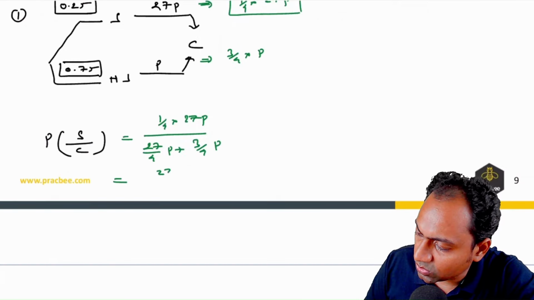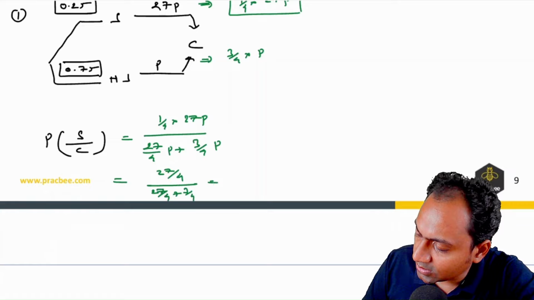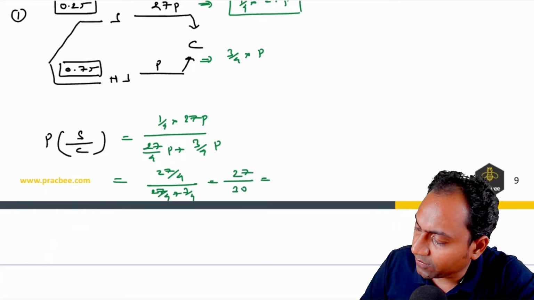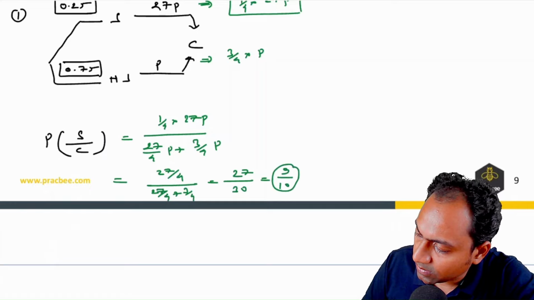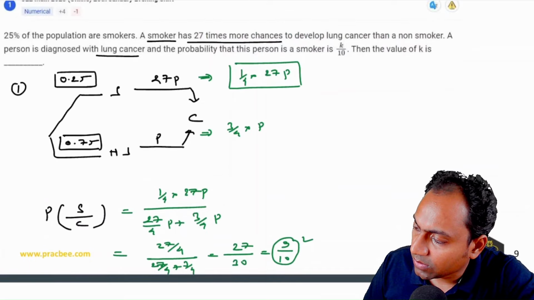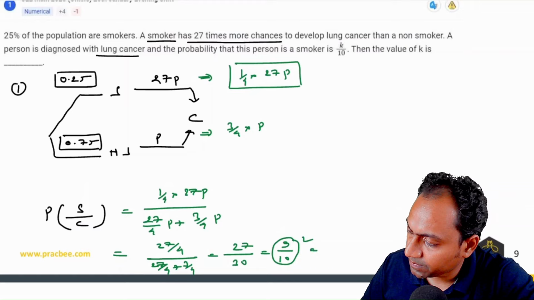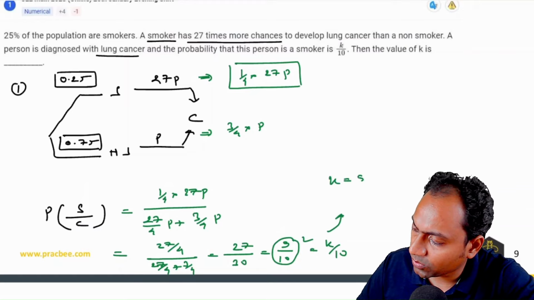And what we have is 27 by 4 divided by 27 by 4 plus 3 by 4. So it is nothing but 27 by 30, and if I divide by 3, it becomes 9 by 10. So what they're asking is, if this is equal to K by 10, what is the value of K? You can see clearly here that K will come out to be 9.